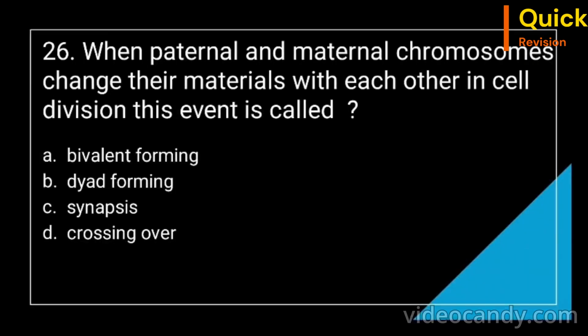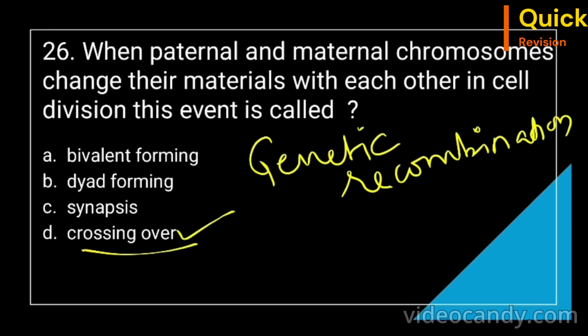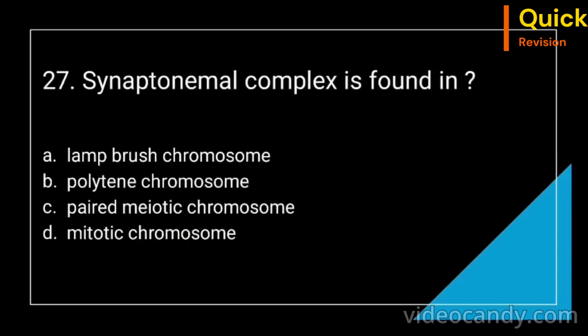26th question. When paternal and maternal chromosomes exchange their materials with each other in cell division, this event is called, as I told you before, genetic recombination, or we also call it crossing over. So the correct answer is option number D. 27th question.